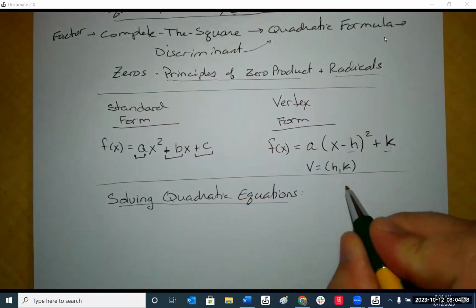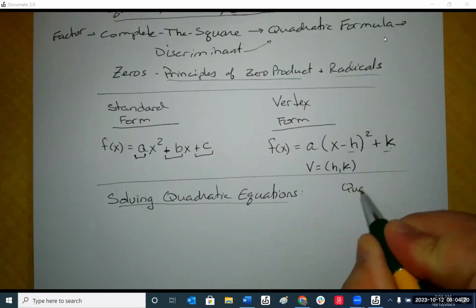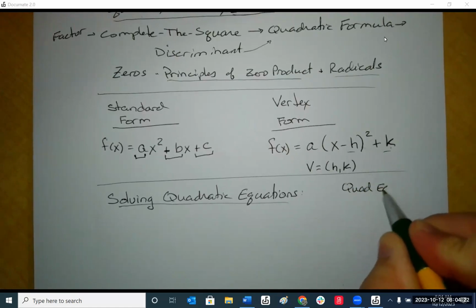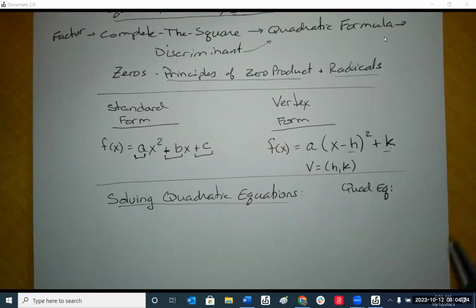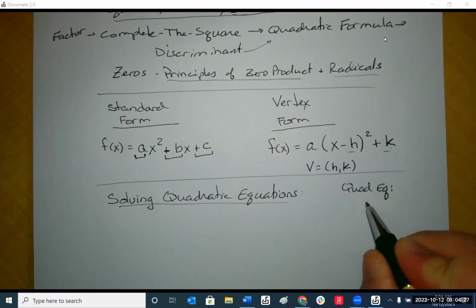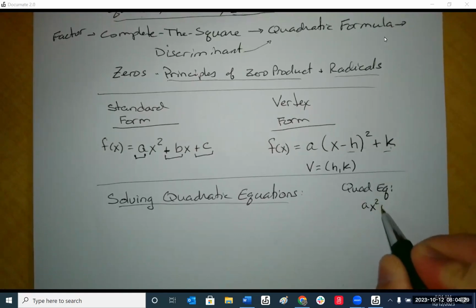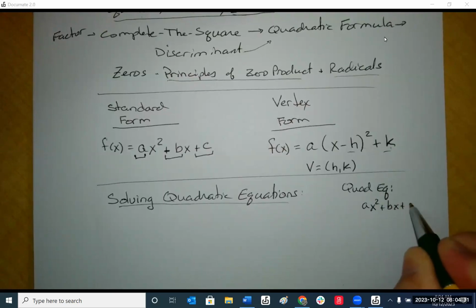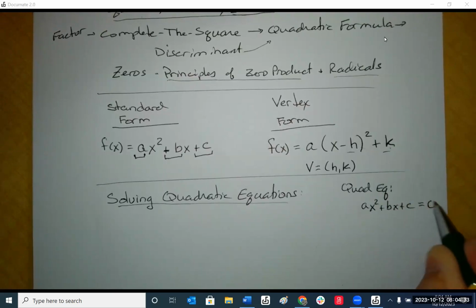Let me show you the difference. The quadratic equation is the quadratic equation set equal to 0, because remember, equations you solve.